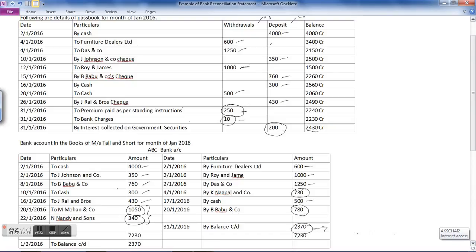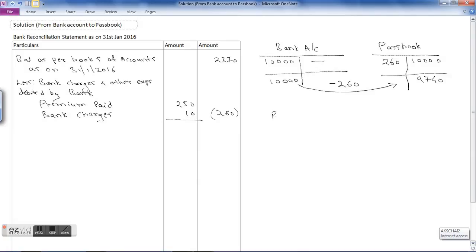Okay, so what has happened is, interest has been credited to our bank statement, but same is not recorded in our bank account. So again we'll do a working for this bank account and passbook, correct? Again here, this is a passbook, so on the credit side 10,000 and bank account debit side 10,000.